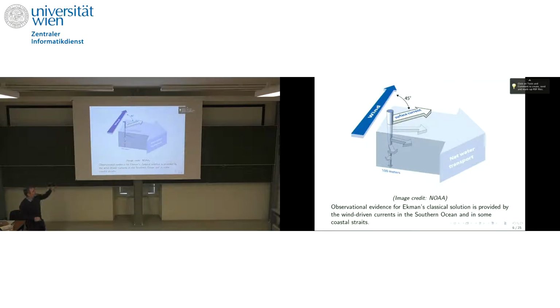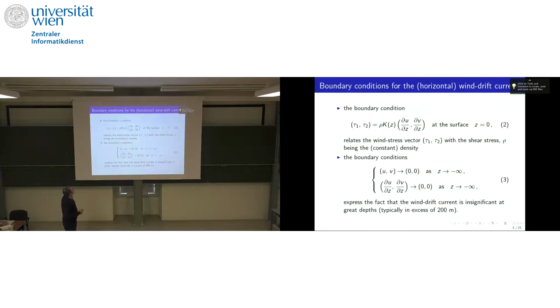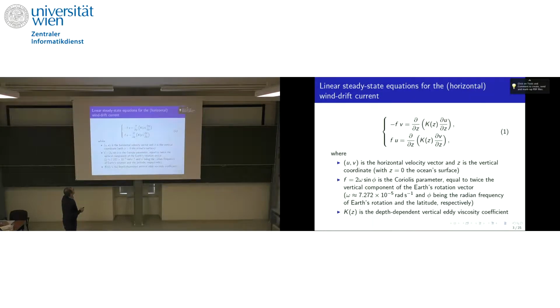All this is in the northern hemisphere; in the southern it's rotated. And this is not valid at the equator, because at the equator theta is 0, so you don't have this balance. At the equator it's more complicated. Actually, nonlinear effects play a role, so I will not discuss the equator.